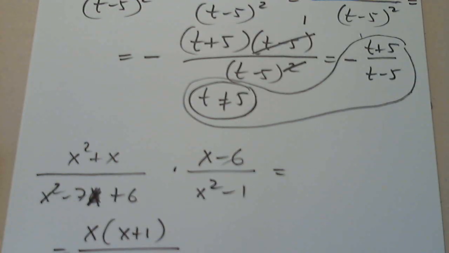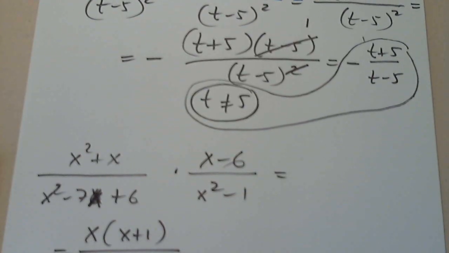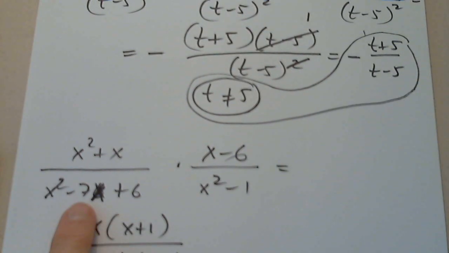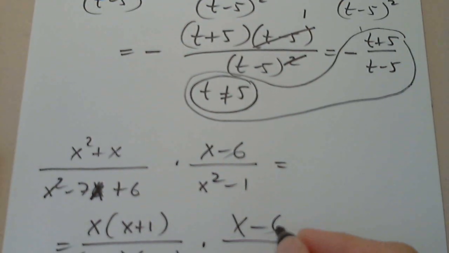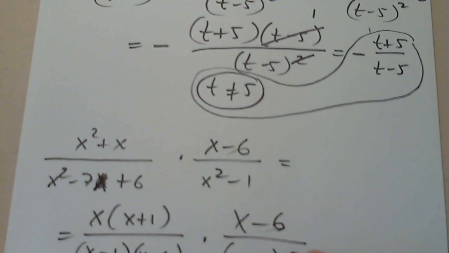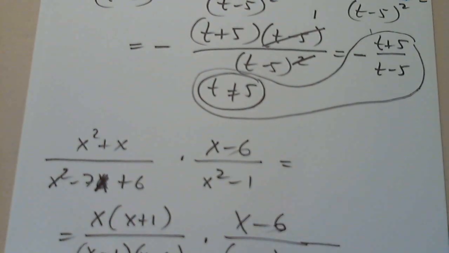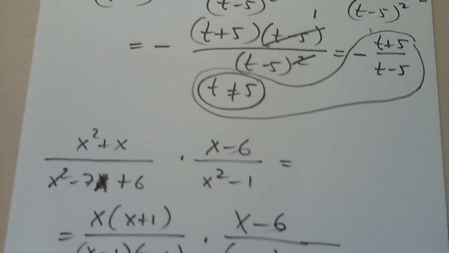The denominator factors into x minus 1 and x minus 6. How come? The product is 6 and the sum is negative 7. Times x minus 6. And I know that the denominator factors because it's a difference of squares. The difference of squares is the easiest formula or special product that we can work with.